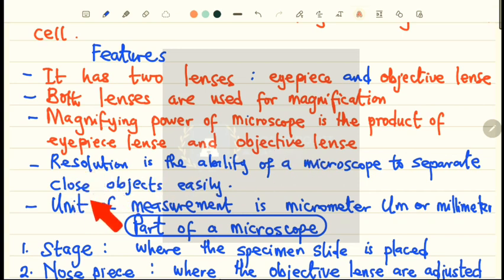Then what is resolution in microscopy? Resolution is the ability of a microscope to separate close objects clearly and easily, not magnification. Then the unit of measurement using a microscope is micrometer or millimeter.